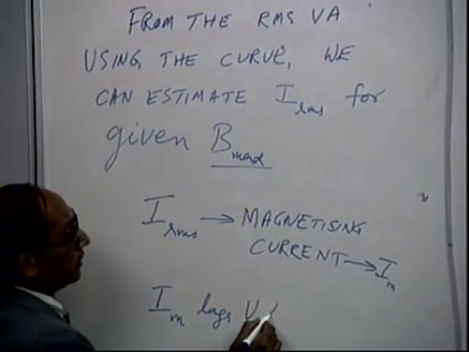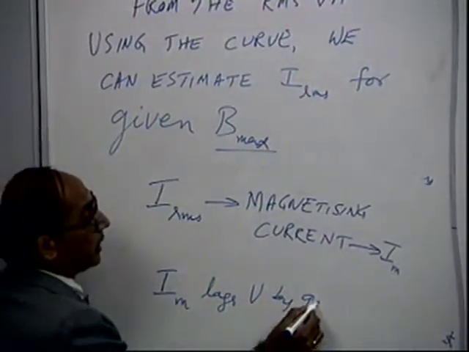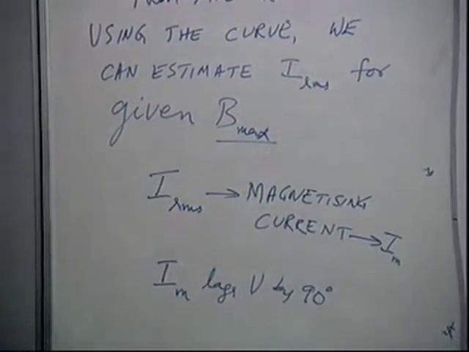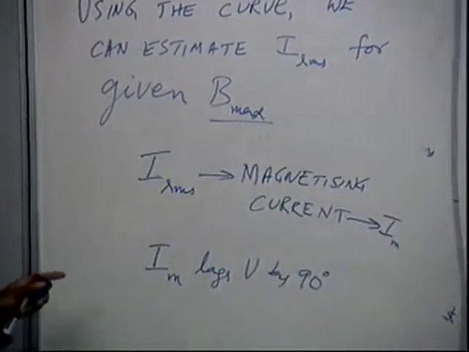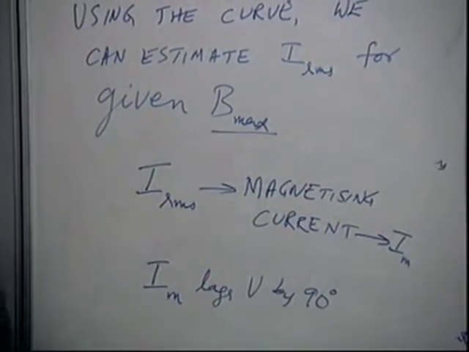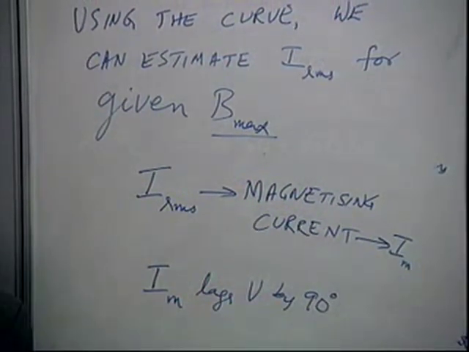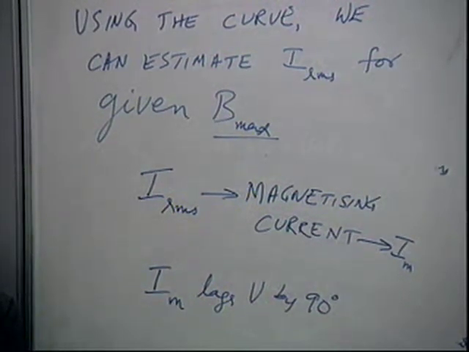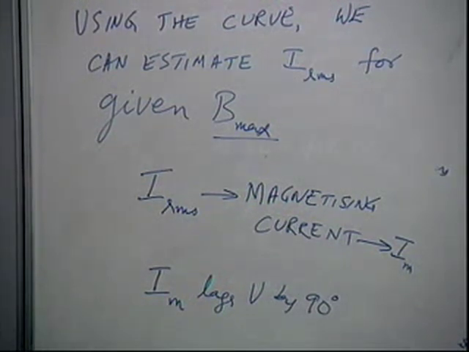lags V ideally by 90 degrees. Okay, and IM depends upon the material property. What will be IM if it has very high permeability, for a given voltage? What will be the magnitude of IM? Can you guess?